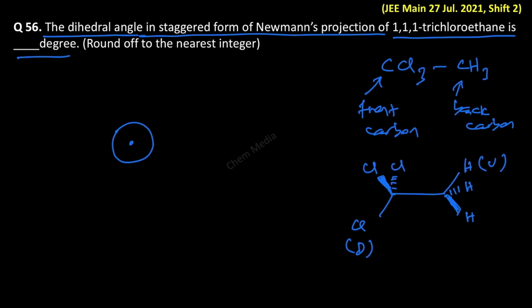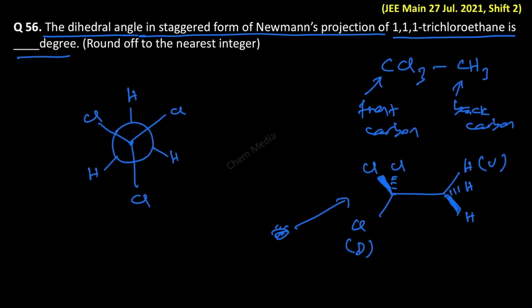And let's assume that we are looking from the front carbon. So in that case we can put it in a Y shape, chlorine chlorine chlorine, and then hydrogen hydrogen hydrogen.